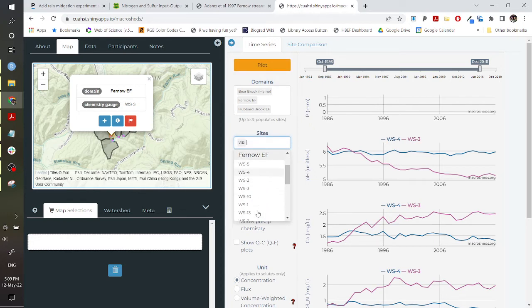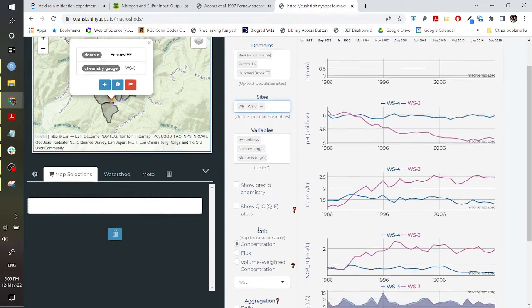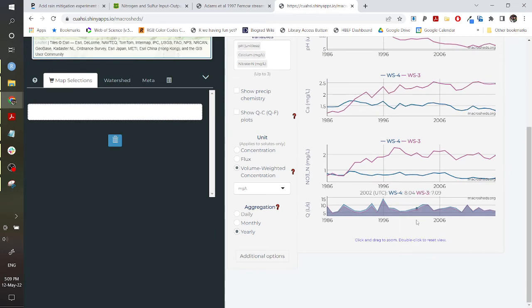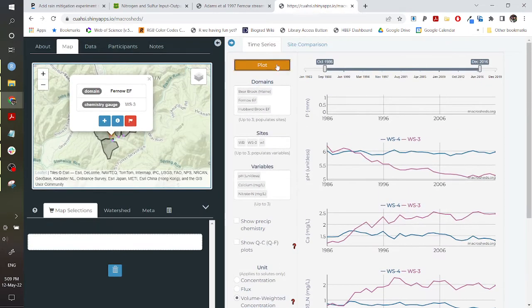In Furneaux, watershed 3 was our experimental site. And at Hubbard Brook, watershed 1 was our experimental site. And we're still comparing pH, calcium, and nitrates, but this time I'm going to look at volume-weighted concentration because they may have different discharges.